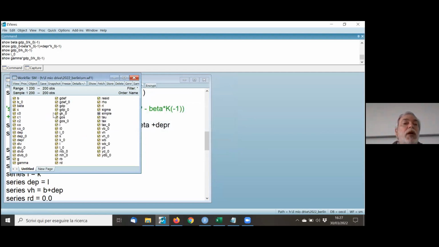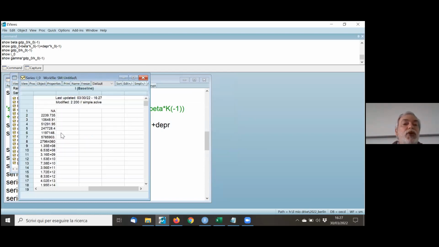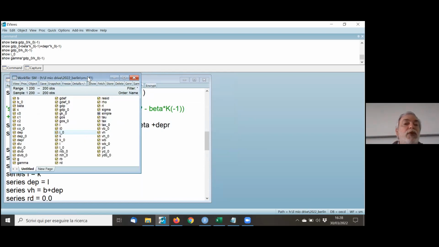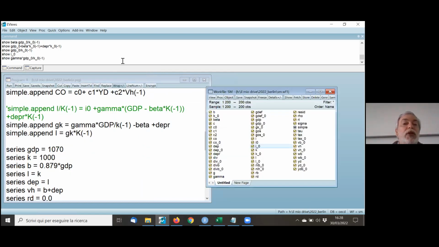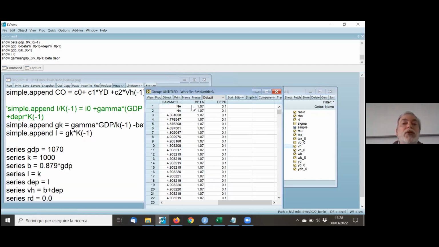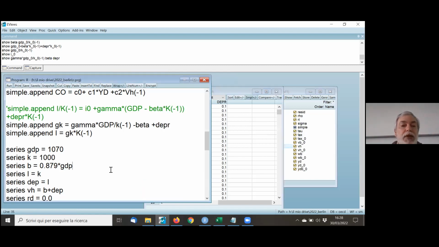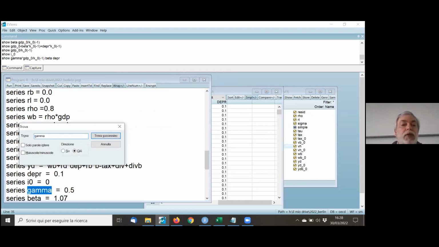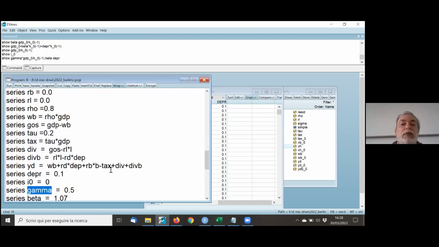Still, there's some trouble in this equation. Now this is exploding. So the values I've chosen are too large. So let's look at this gamma. This starts with a huge number. And what is gamma in here? 0.5.